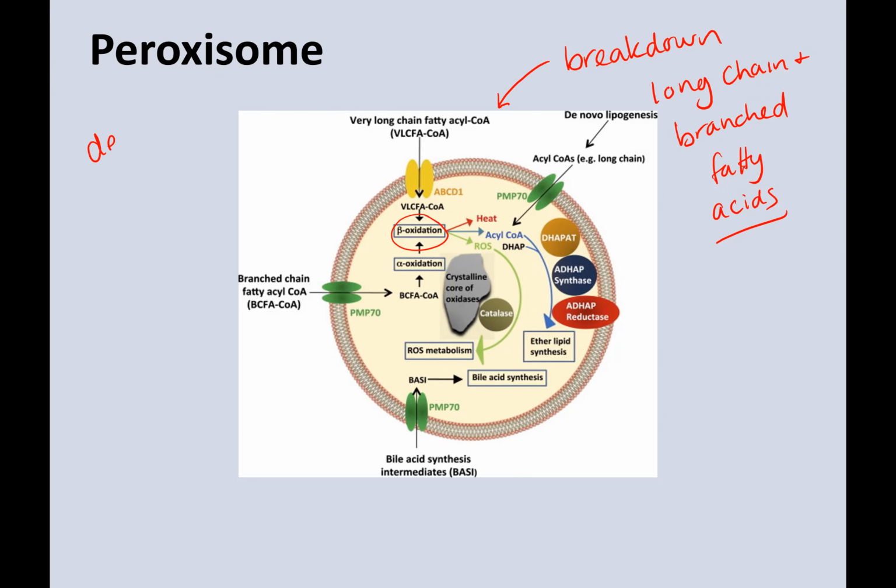Peroxisomes do a lot of detoxification of free radicals. And free radicals are something with an electron floating around that's very reactive. So again, free radicals can break down your lipids, can break down proteins, can damage your DNA.